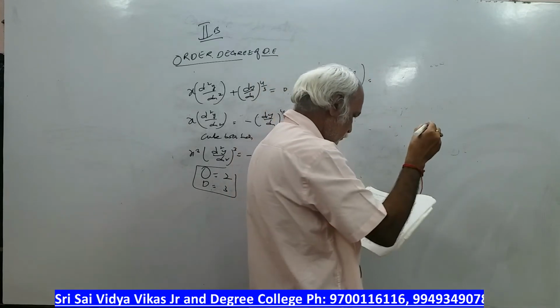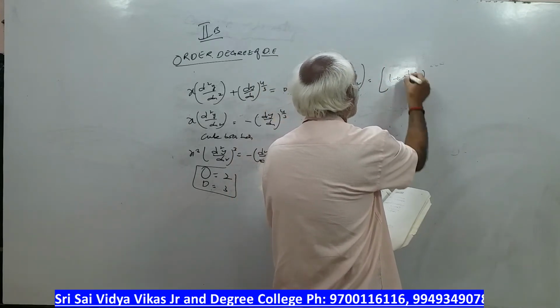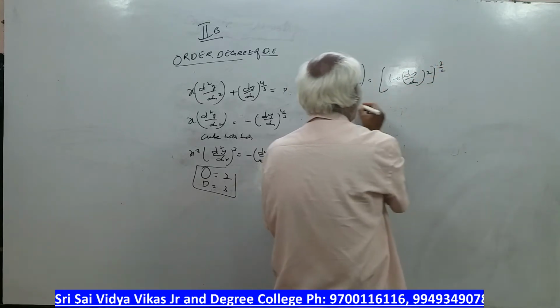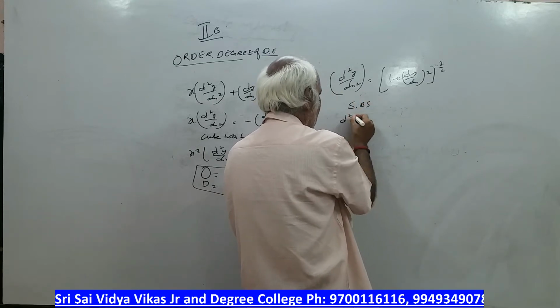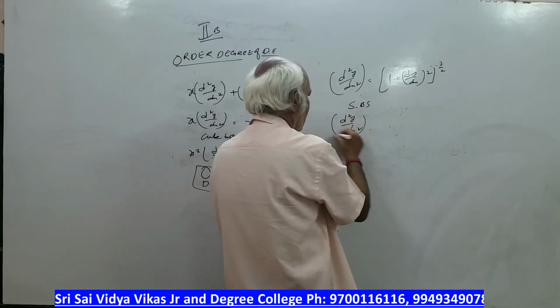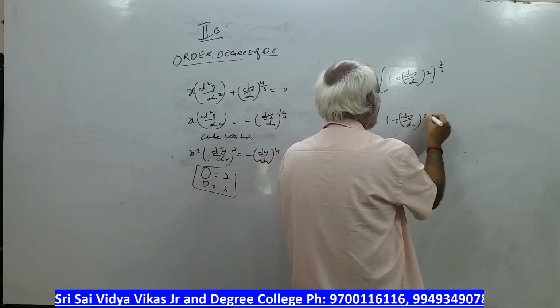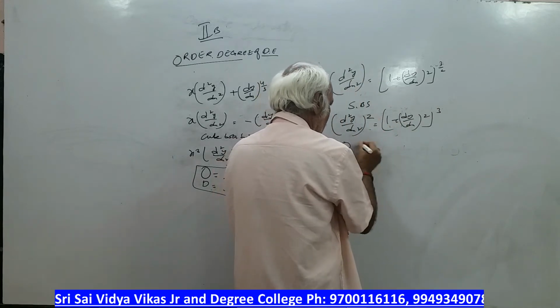Is equal to 1 plus whole raised to 3 by 2. Square both the sides. So what will happen? Whole square is equal to 1 plus whole raised to 3. So what is the order? 2.